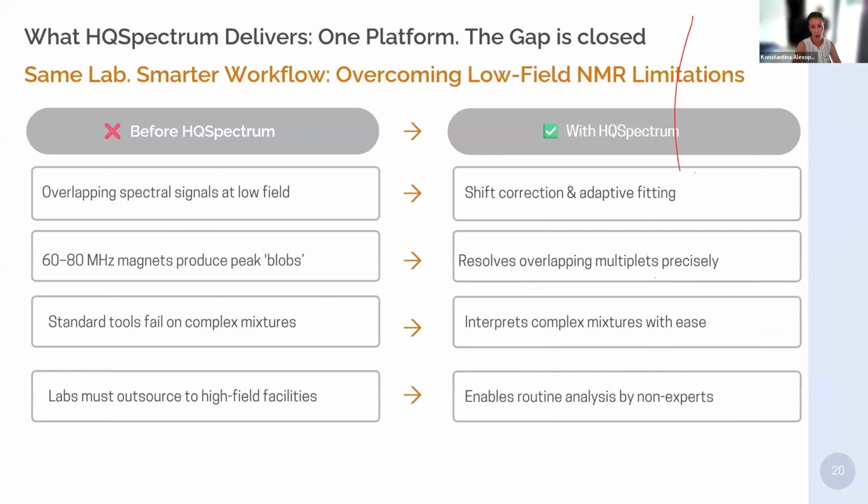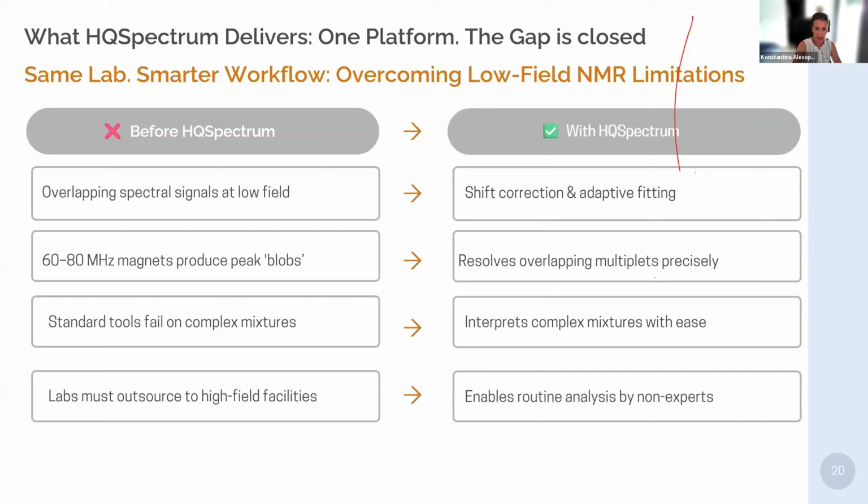limited resolution often forced laboratories to rely on high field facilities. The standard tools struggle with complex mixtures and crowded spectra and data. And as you can see, benchtop NMR was already accessible, but it wasn't powerful enough.